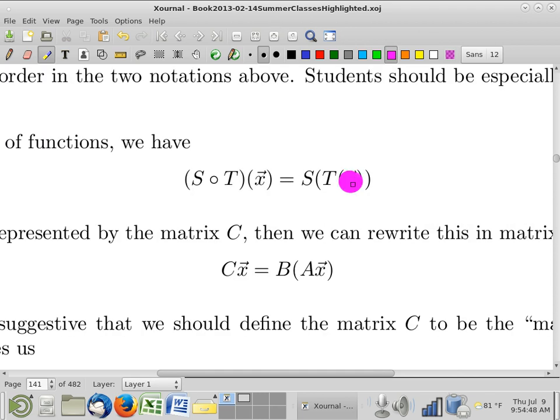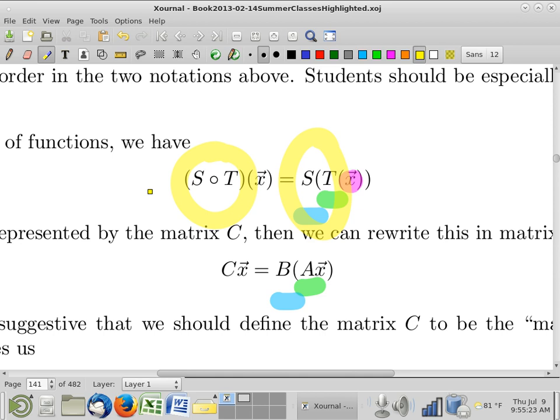If you have some vector, and if you apply a linear transformation T, and then subsequently, which by the way is done by multiplication by some matrix A, and then subsequently apply some linear transformation S, which of course is going to be accomplished by multiplying by some matrix B, altogether what you've done is you've effectively applied this composition, S compose T, to that vector.